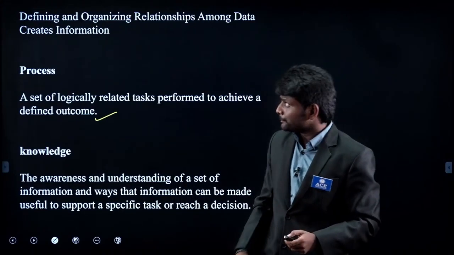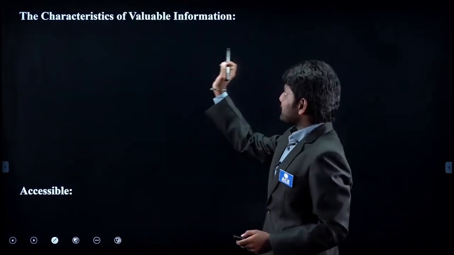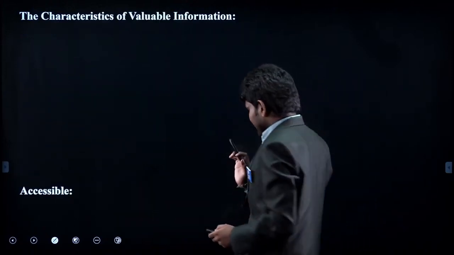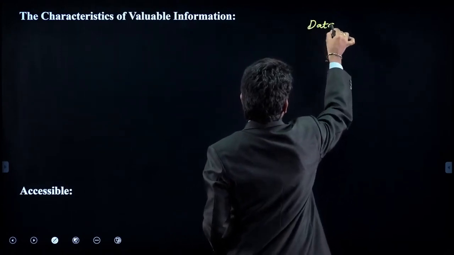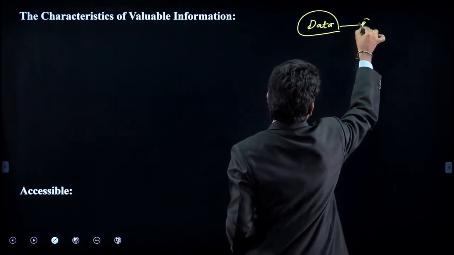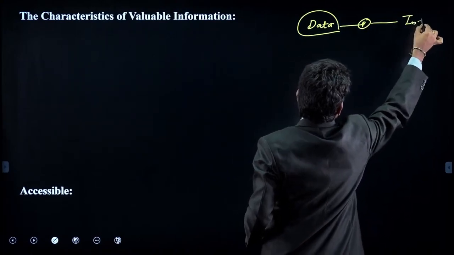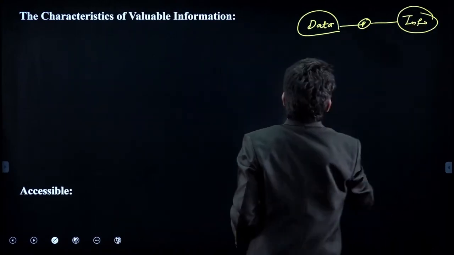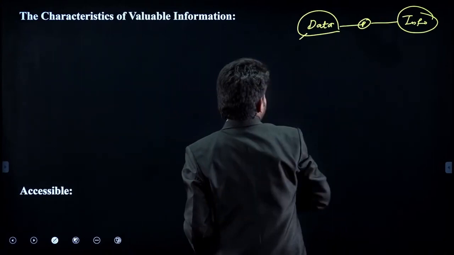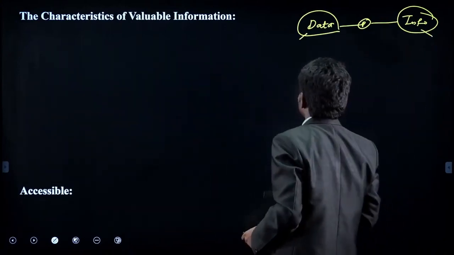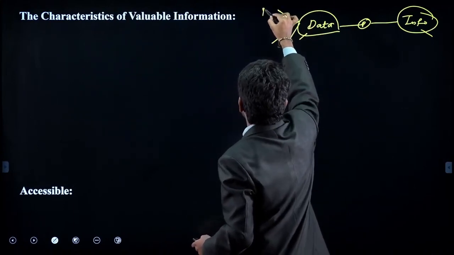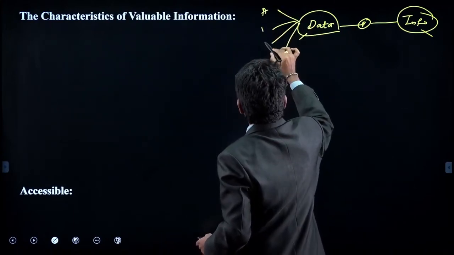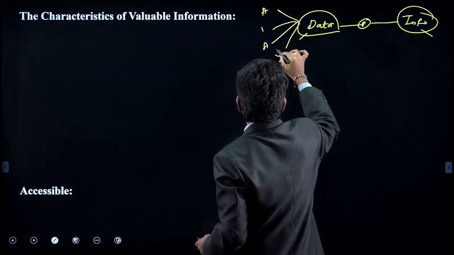Let us go to the next slide. The characteristics of valuable information. Okay? If you see, what was our flow? Initially we understood there is something called data. We process this data and we create information. Later we understood what is the definition of data and what is the definition of information. We also understood what are the different types of data involved, like alphanumeric data, image data, audio data and video data.